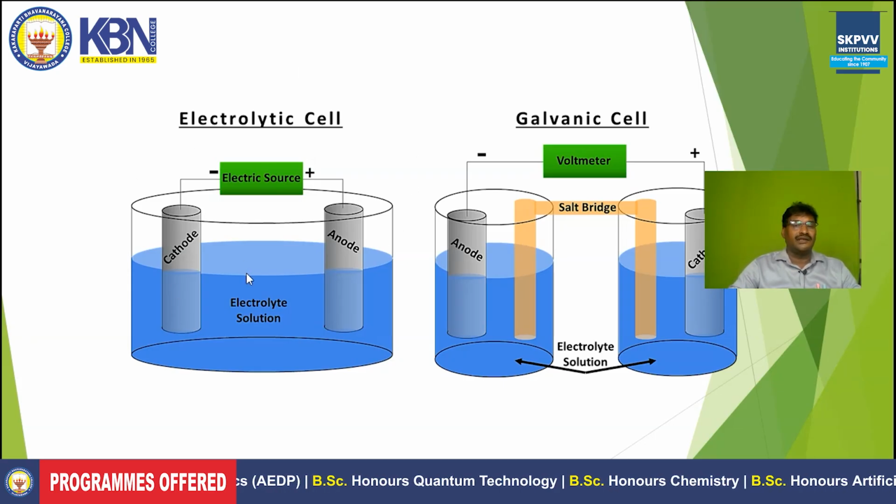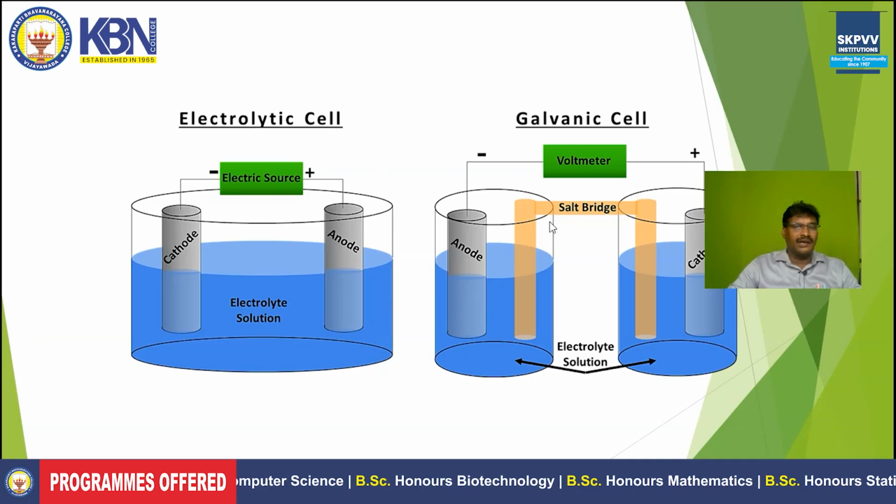It is a branch of science which converts electrical energy into chemical energy and chemical energy into electrical energy. By use of electrical energy, chemicals are produced. That is called an electrolytic cell.